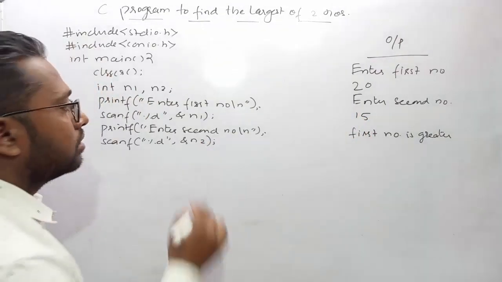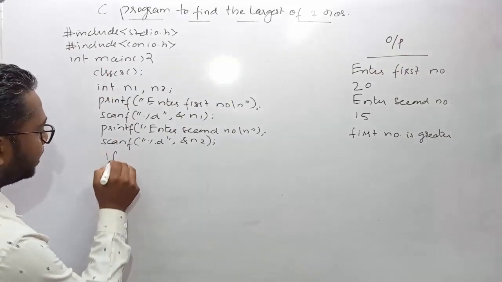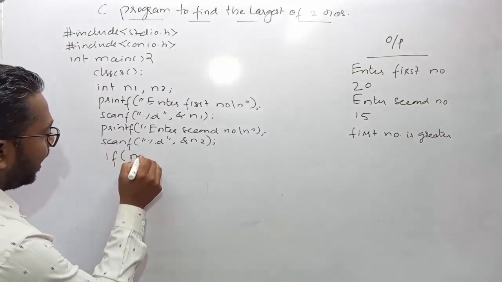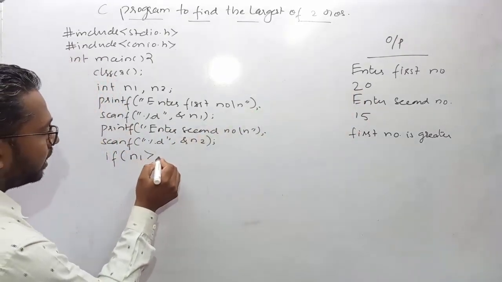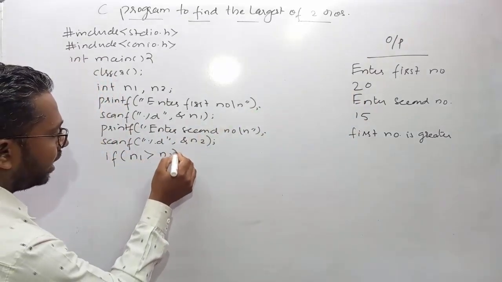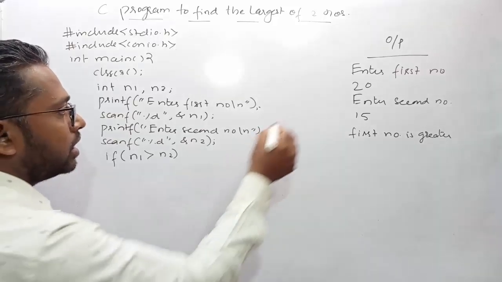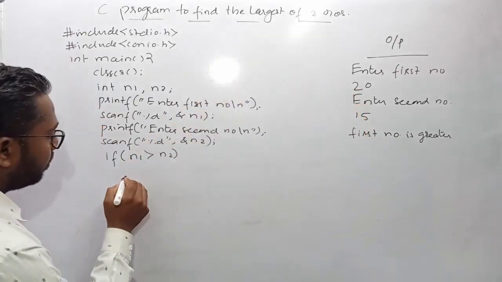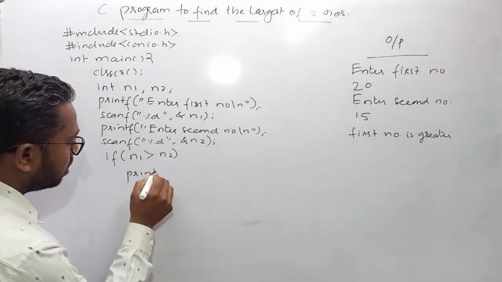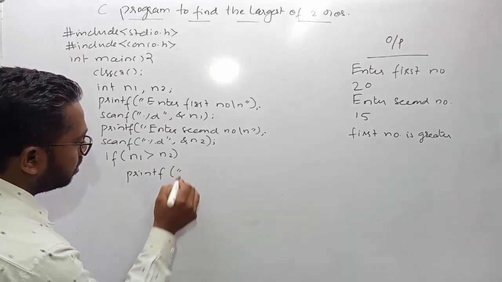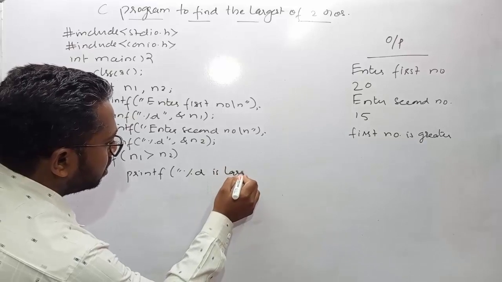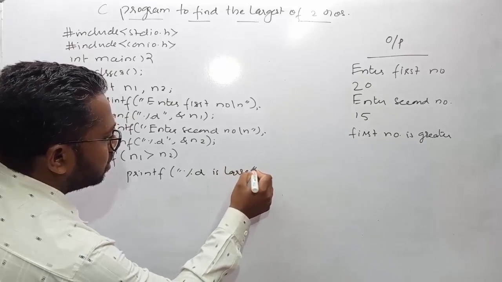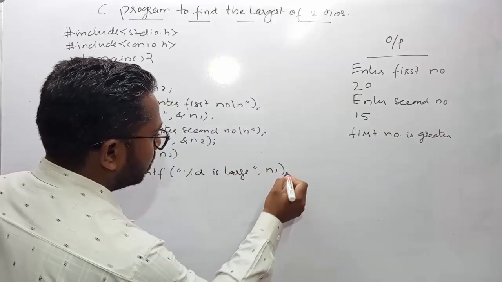Now I will check with the if-else statement. If n1, which is this 20, is greater than n2, okay, if n1 is greater than n2, then I will print "%d is large", comma n1.